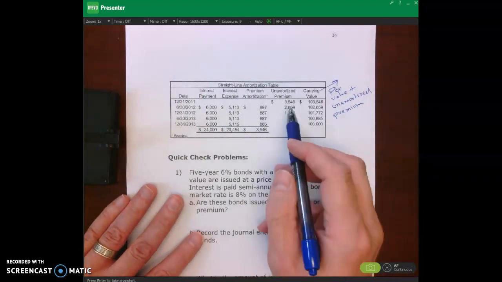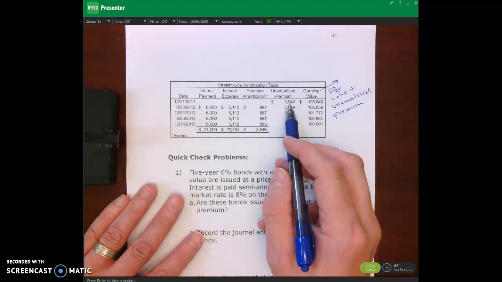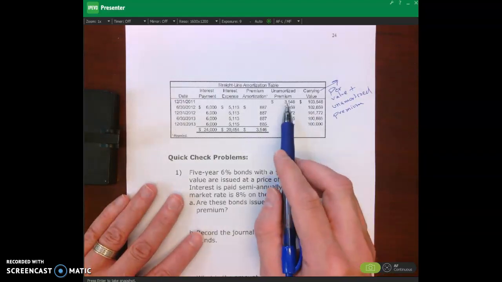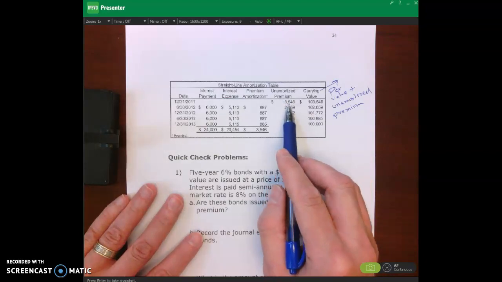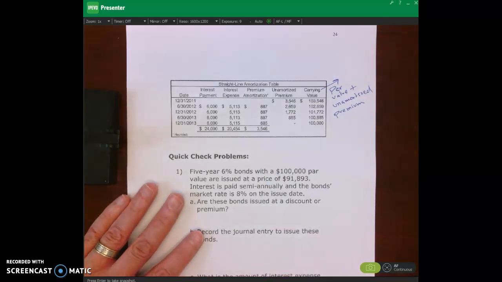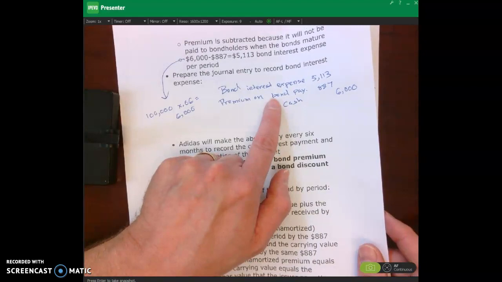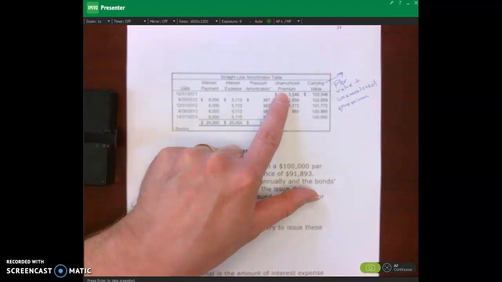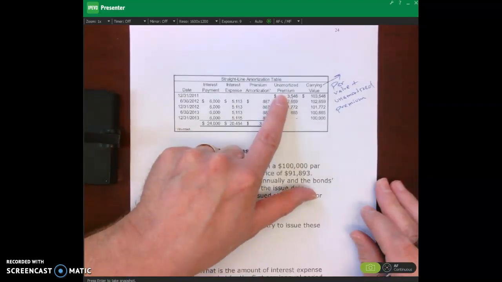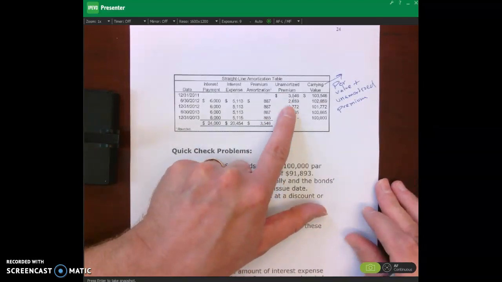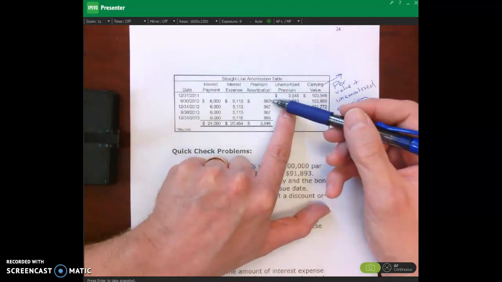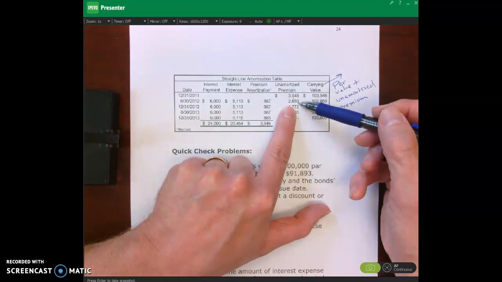Okay, so when we issued it, remember we debited cash and we credited bonds payable for the par, the 100,000, and then we credited the premium on bonds payable for the 3,546. And when we look at this journal entry right over here, we debited the premium, which means this unamortized premium number goes down by $887. So look at right here, $2,659.